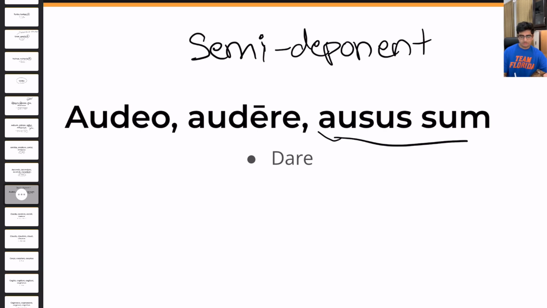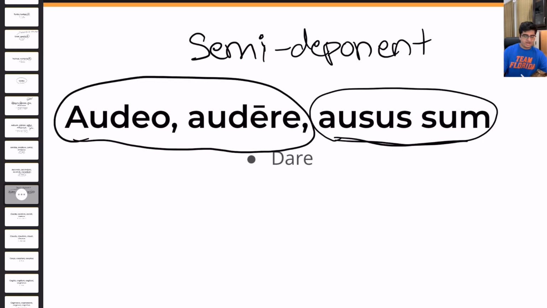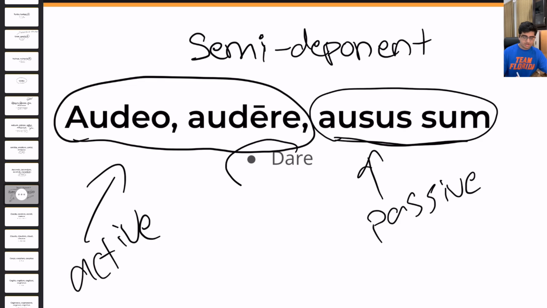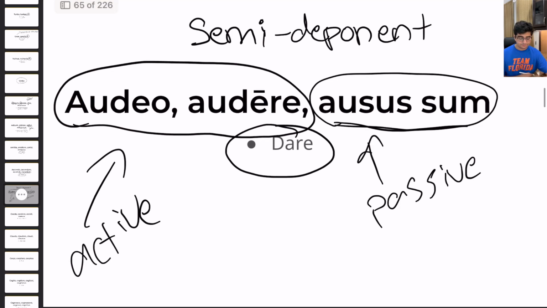So we have this part being passive, and the other part of the verb is active. There are many different semi-deponent verbs which will sometimes come again in the regional form test. But for now, at least know that audeo means to dare, and it's semi-deponent.